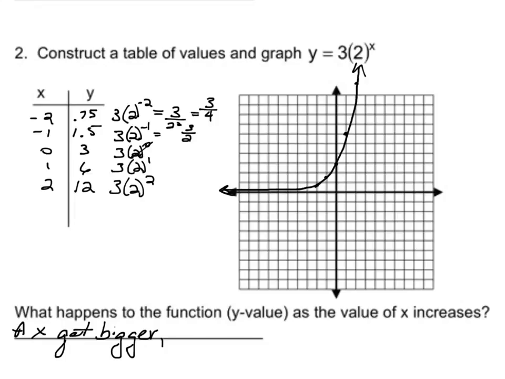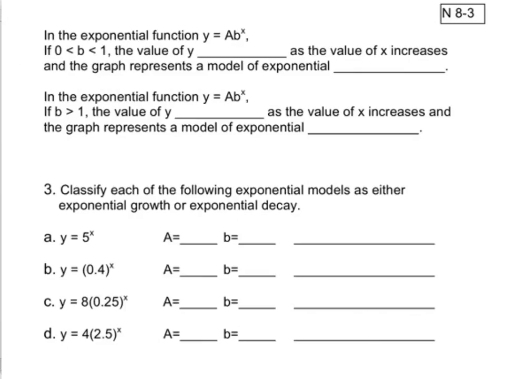It's also getting bigger. So as x goes to the right, your y value is going up. It's increasing. So for this section, we're talking about exponential growth and decay.